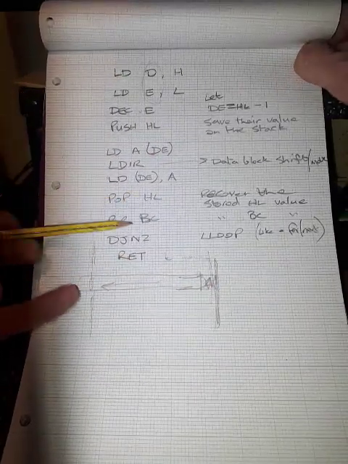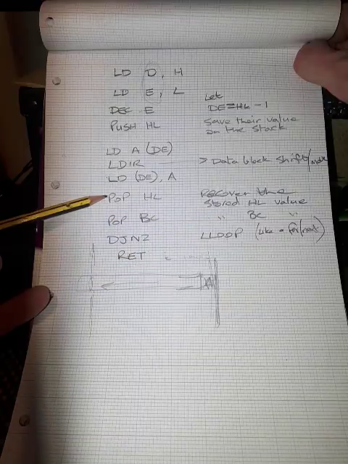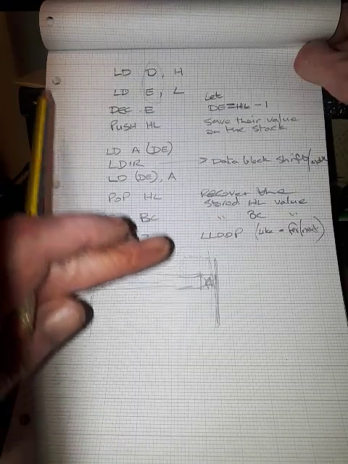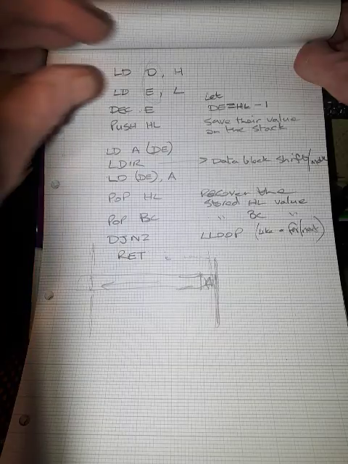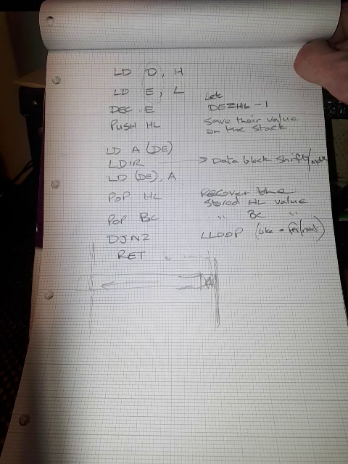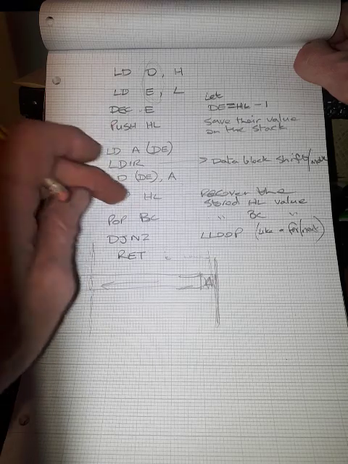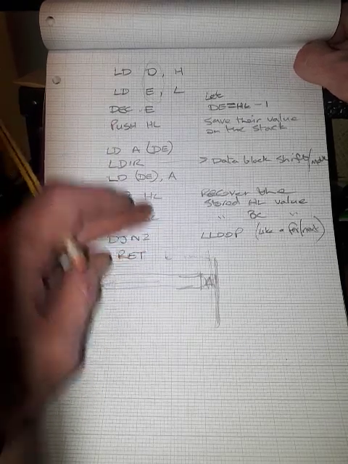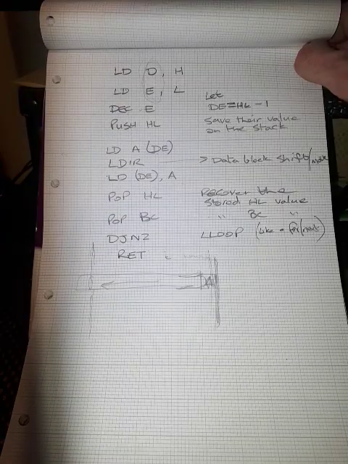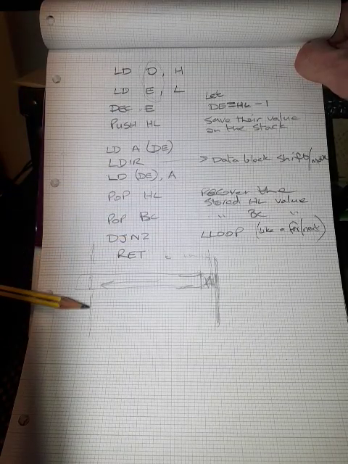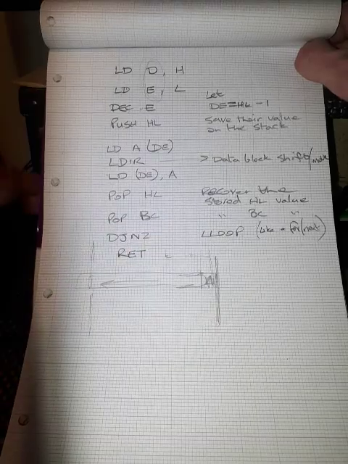Whatever we saved in HL and BC gets recovered. We're pushing onto the stack. Think of it like a pizza stack of numbers with the last in, first out arrangement strictly. So here we are, recovering HL and recovering BC to what we saved them as before. Do a jump if it's not 0, back to the start of L loop.